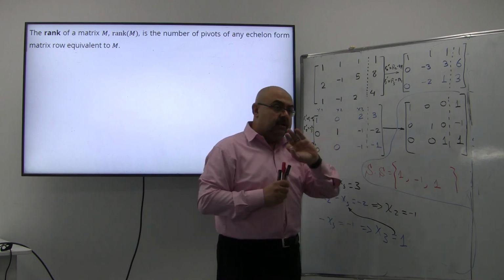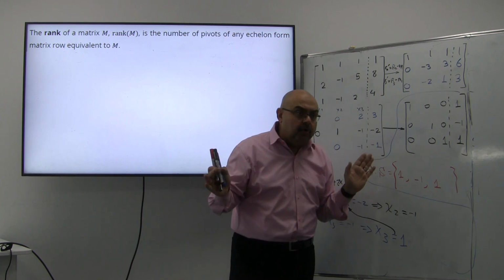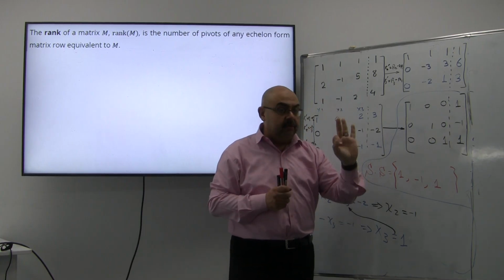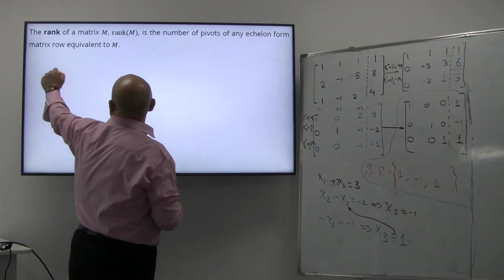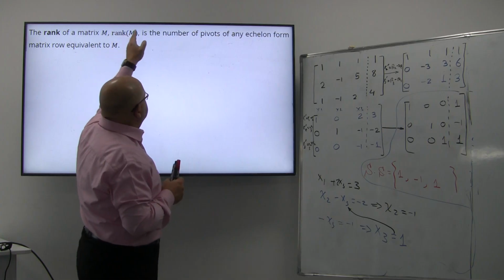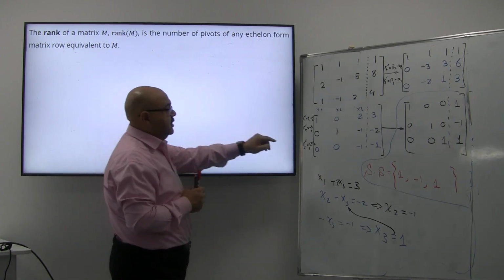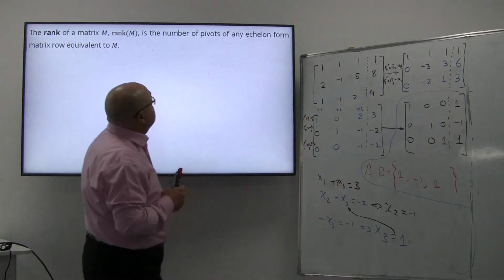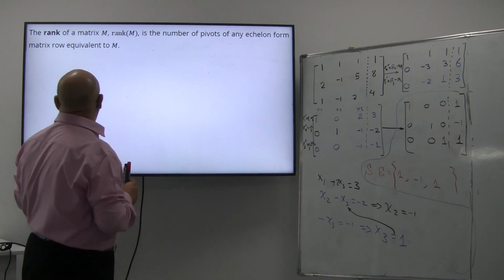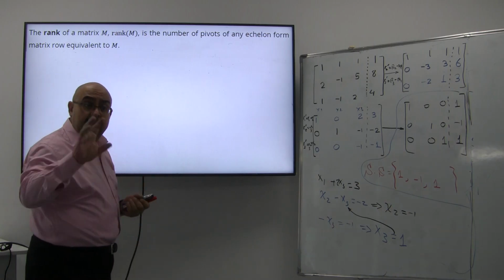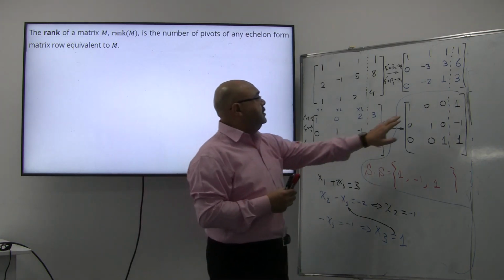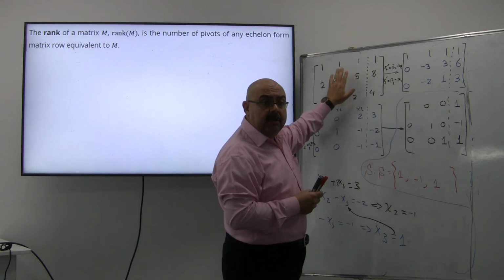The 3 rows, none of them a complete row of zeros. So the rank is equal to 3. This is what's stated here: the rank of a matrix M is the number of pivots of any echelon form matrix row equivalent to M. These are the pivots that we are talking about. Of course, these matrices are all equivalent to the original.